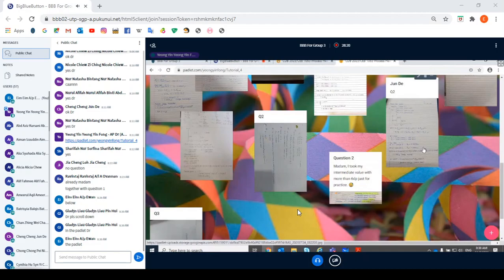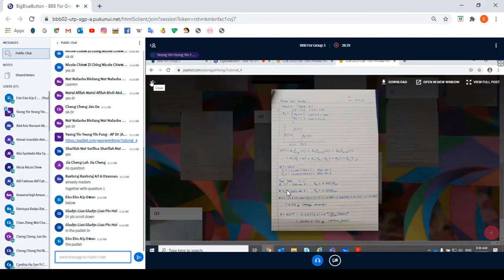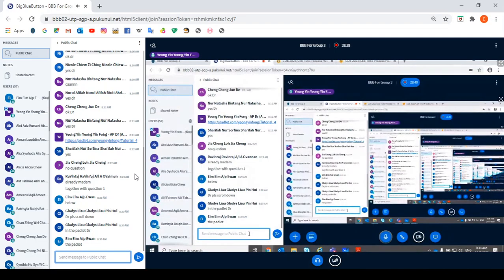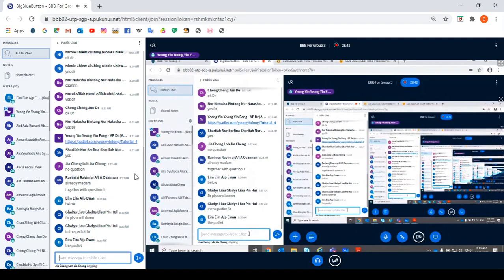You can refer to the answer. More or less, all the students are getting the correct answer. So any questions? Do you all able to get the answers from the Padlet?